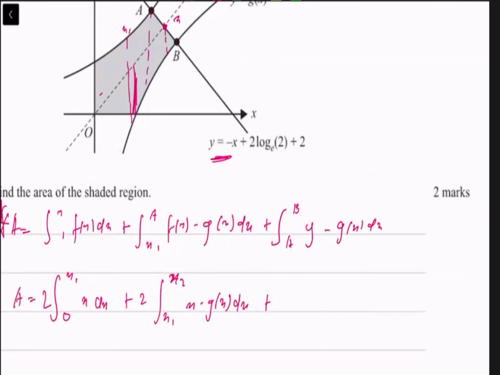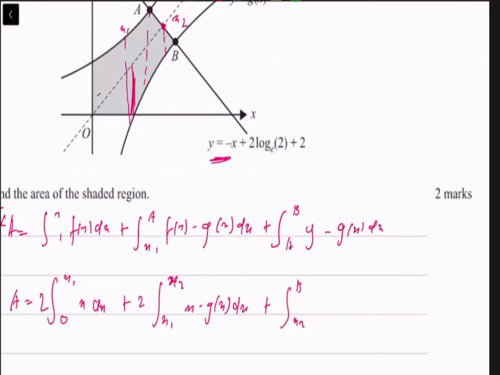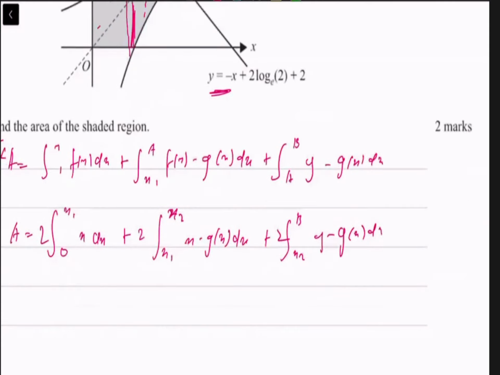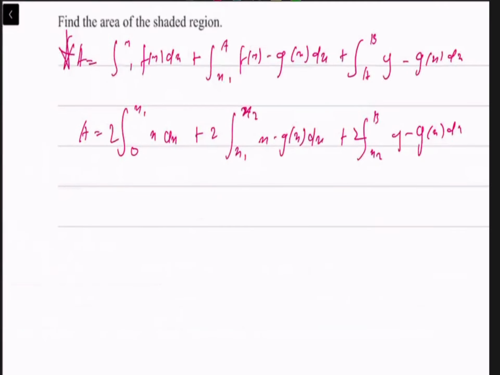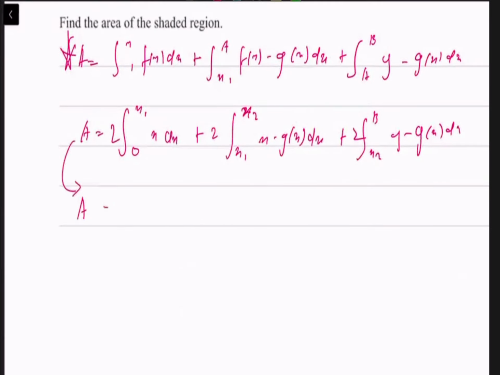And then the end part is you have to include y, so b to x2 of y minus g(x) dx, and multiply everything by 2. So those are your 2 options, but I think if you do this one, you get your CAS in this form.